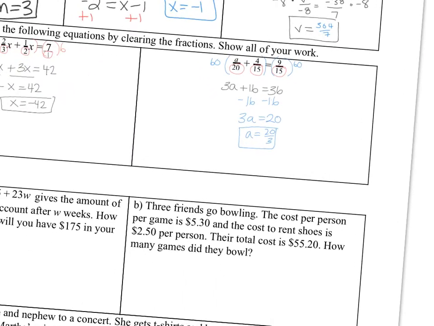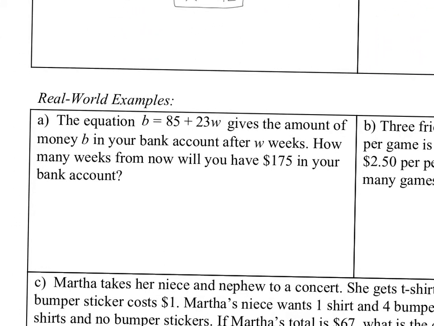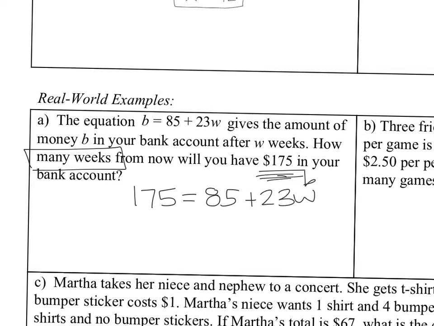Okay, and then down here, a couple word problems. The equation B equals 85 plus 23W gives the amount of money B in your bank account after W weeks. How many weeks, so we're trying to solve for W, from now will you have 175 in your bank account? So you have 175 in your bank account, so that's B, and you're going to solve for W. So to solve for W, you subtract 85.